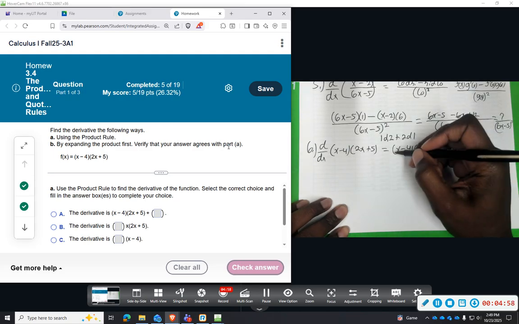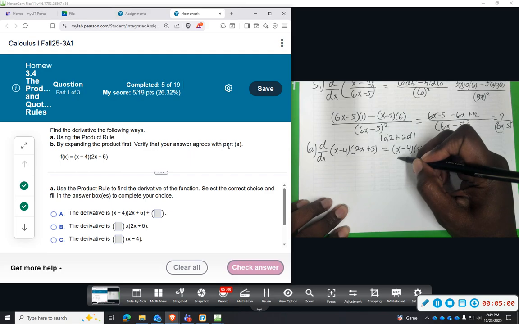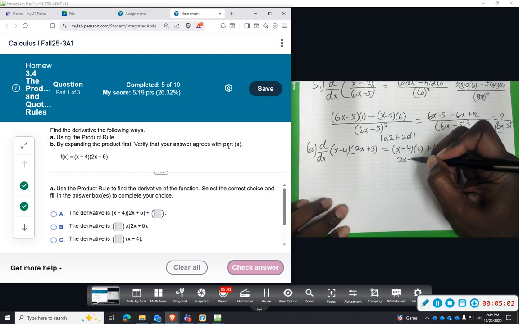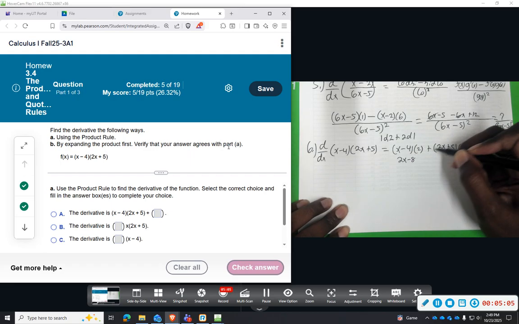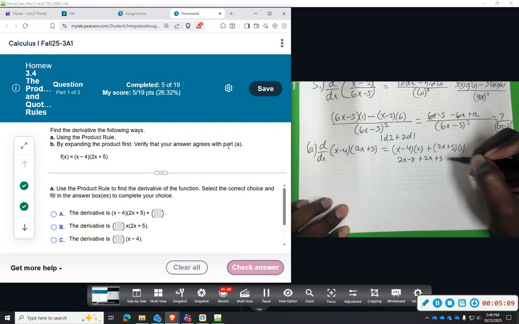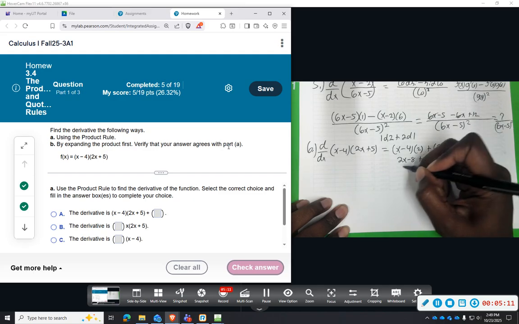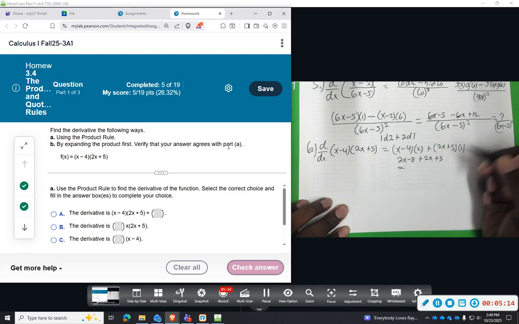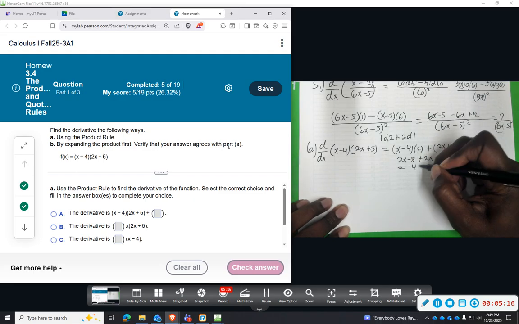So here's our derivative. Distribute the 2, we can just say 2x minus 8, and then we'll get plus 2x plus 5, and then finally we will get 4x minus 3.